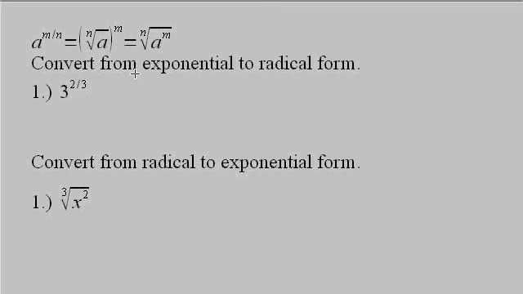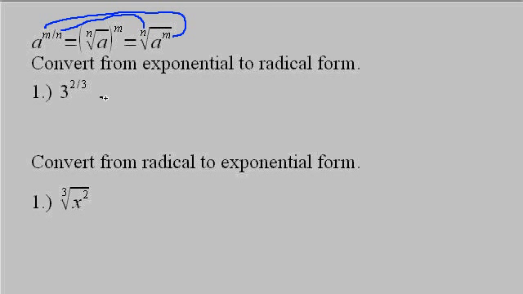So here we're going to go ahead and go from this form, the exponential form, to this form over here. So here the m goes underneath the radical, and the n here is our index in the radical.